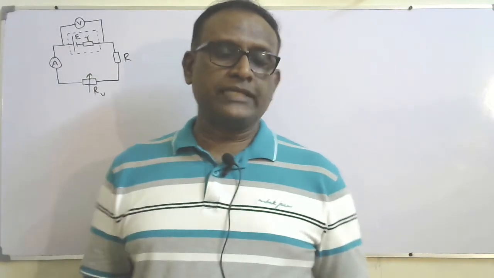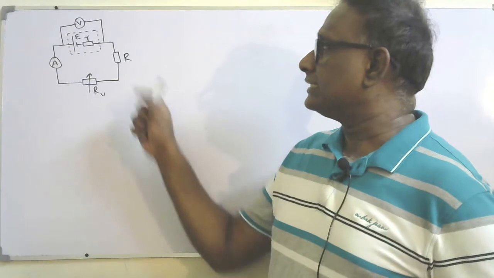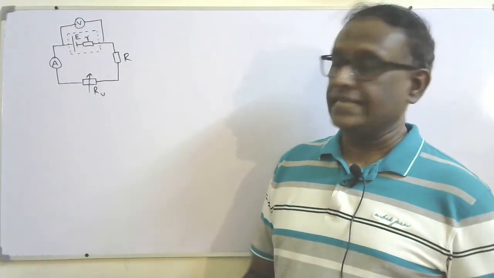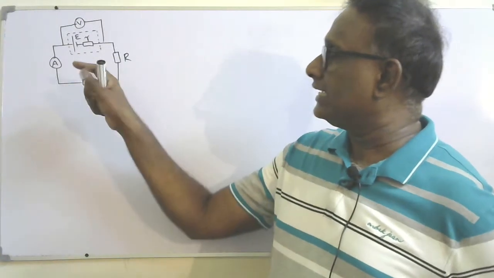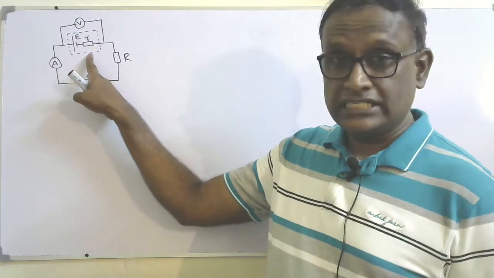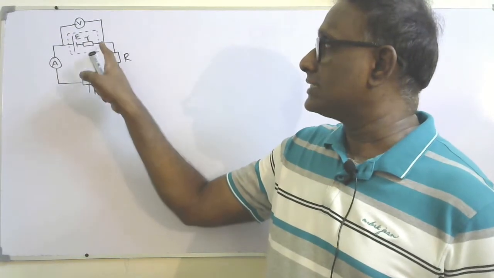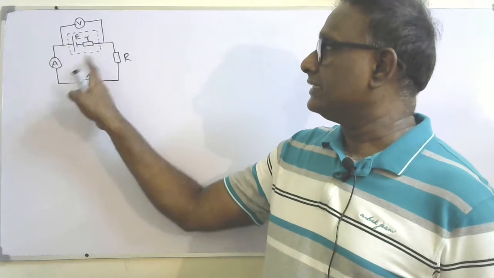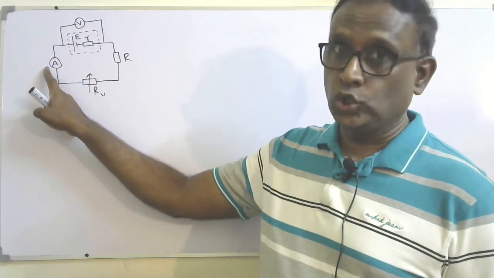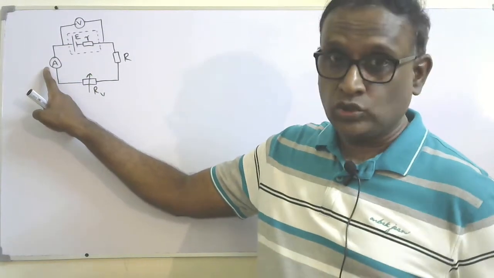Okay, so next I'm going to discuss how to measure the internal resistance of a cell. So we can have a simple circuit like this. A real cell which has internal resistance r is connected in a circuit like this. An ammeter, which is an ideal ammeter, has no resistance.